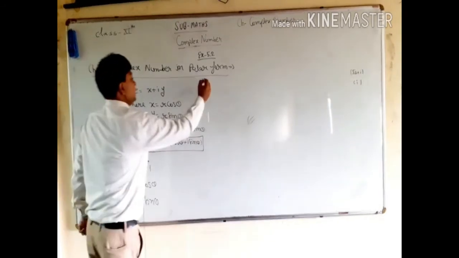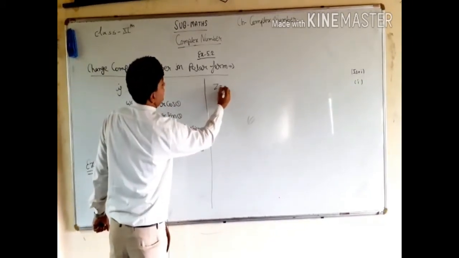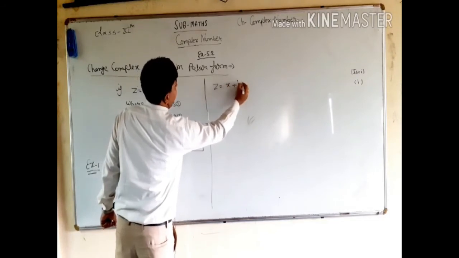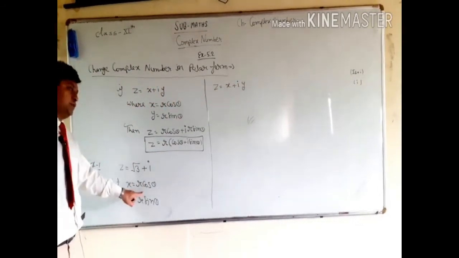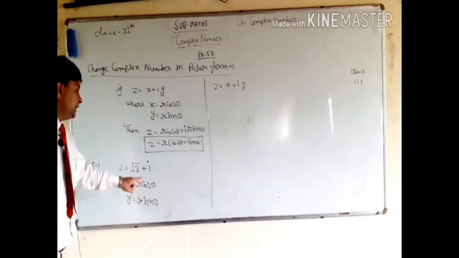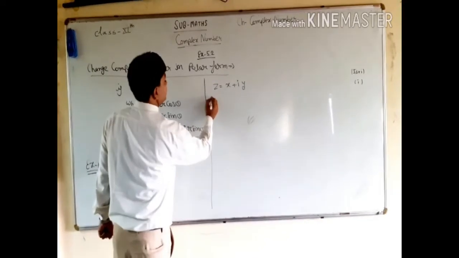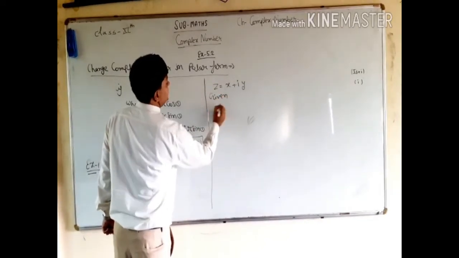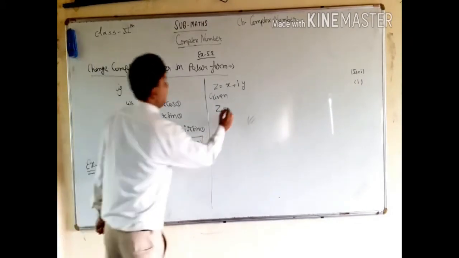So, in the starting, we know that z equal to x plus iota y, where x is r cos theta and y is r sin theta, and the given number is z equal to root 3 plus iota.